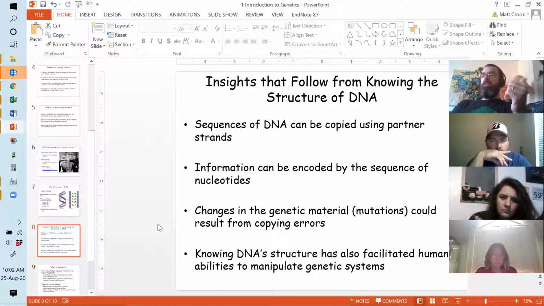We can start figuring out how DNA gets replicated, right? We can start figuring out how that information encodes proteins, right? Essentially matching up what we know of DNA with what we know about the sequence of proteins. Right? And obviously, once you know what the structure of DNA is, you can start figuring out how to copy it as well.